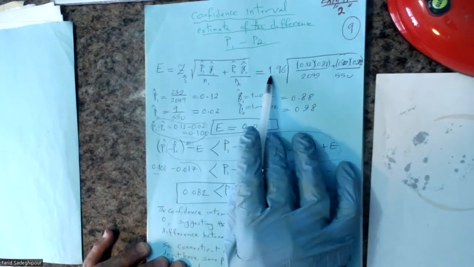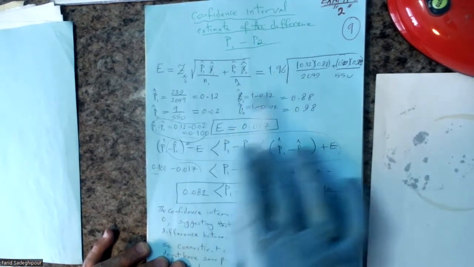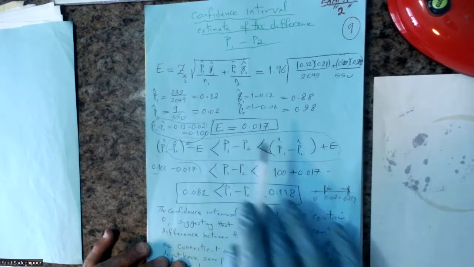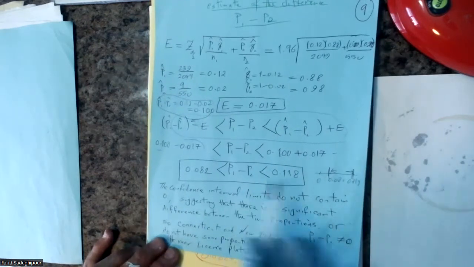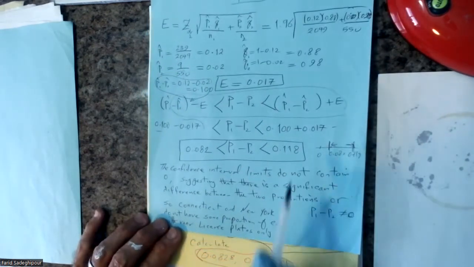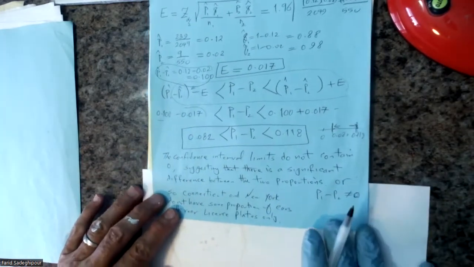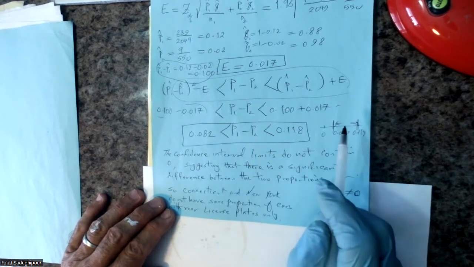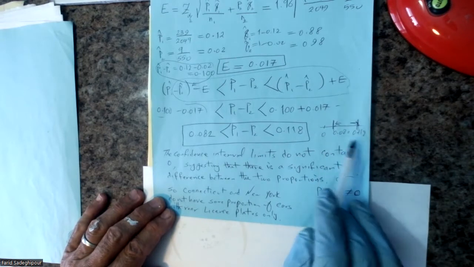We already calculated that, P1, Q1 hat, we already have all these numbers. That gives us the margin of error. You put that in this formula, and it gives you the difference of these two proportions, which again, I'll show you later how to use the calculator. So the difference is between these two numbers.